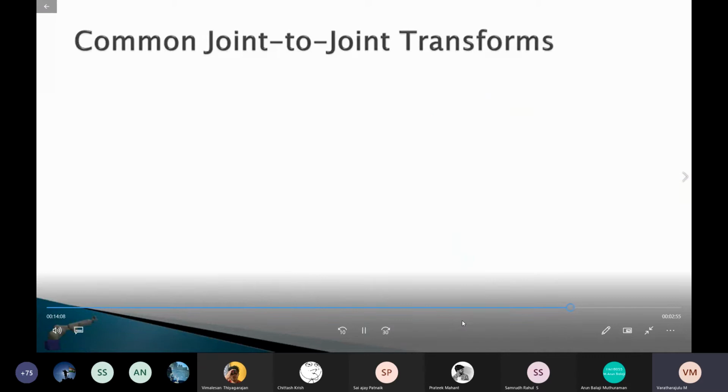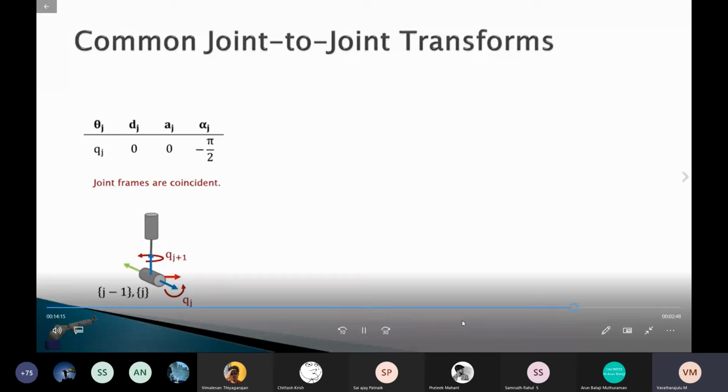So I'm going to give you some common joint-to-joint transforms that I have seen in my limited experience. The first would be exactly what we saw in the previous example. So we have joint frames that are coincident. When these two joints are perpendicular, we need to specify this joint frame down here at the same point as the previous one, j minus 1.